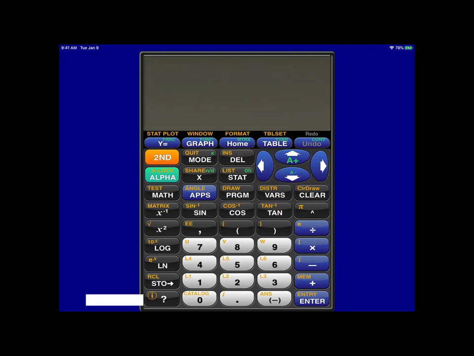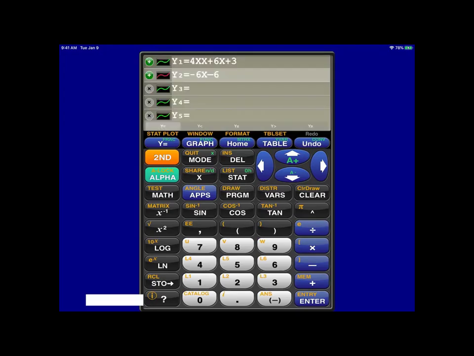Go to y equals in the top left, use the up and down arrows, and press the word clear. You can use Desmos too. So 3, and then here's my trick for x squared. There are multiple places where it says x. The x on the far right is the math operations in blue, so don't touch that. It's the one to the top left next to alpha.